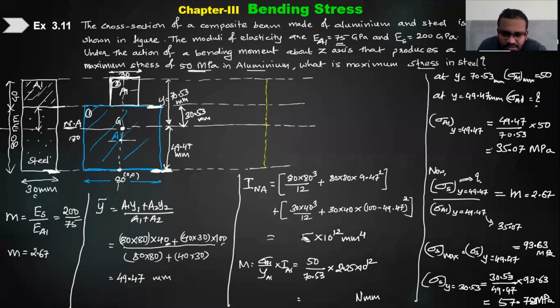Let us make some corrections now. So this answer will change here, and because of that I don't think anything else will change, because we have not used inertia anywhere else, right? 7.2 into 10⁶, right? Only the value here will change, right? Okay, and because of that here there will be some change.